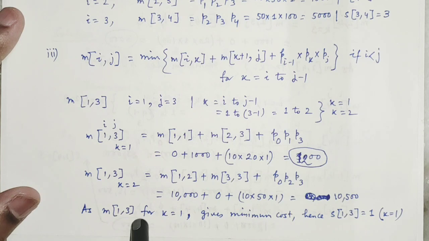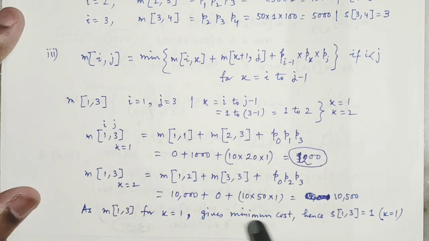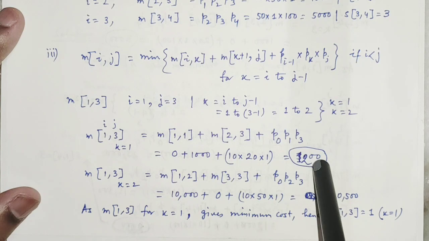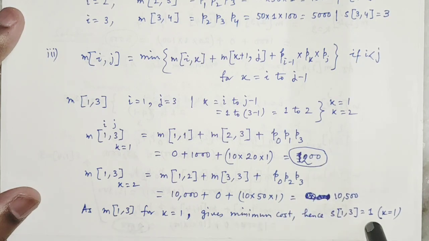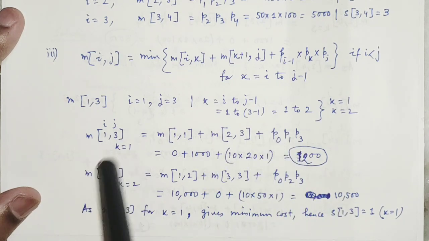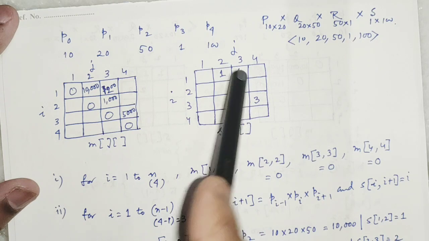As k equals 1 gives the minimum cost, we store 1200 at m of 1 3, and we store the appropriate k value, which is k equals 1, at s of 1 3. So s of 1 3 will receive the k value for which you are getting the optimal cost. So 1200 is the value of m of 1 3 and s of 1 3 is 1.